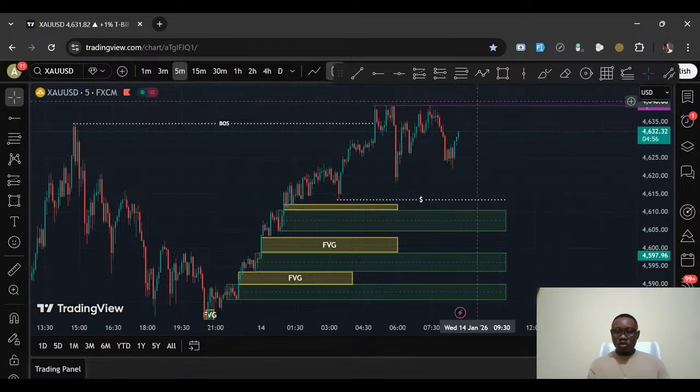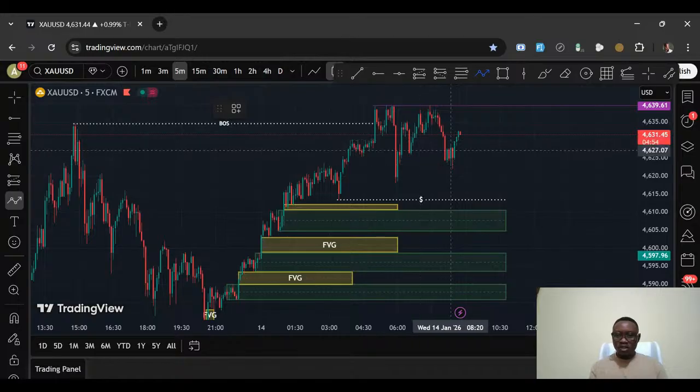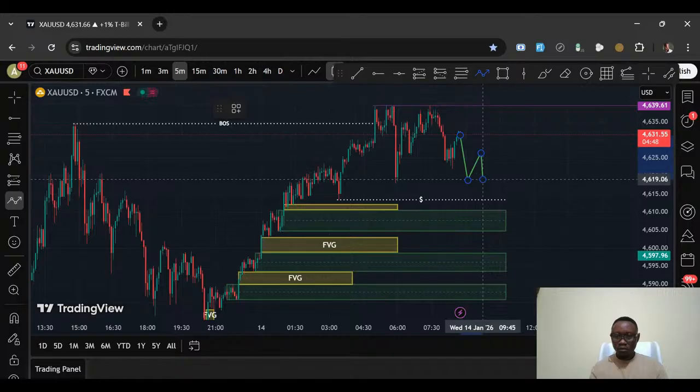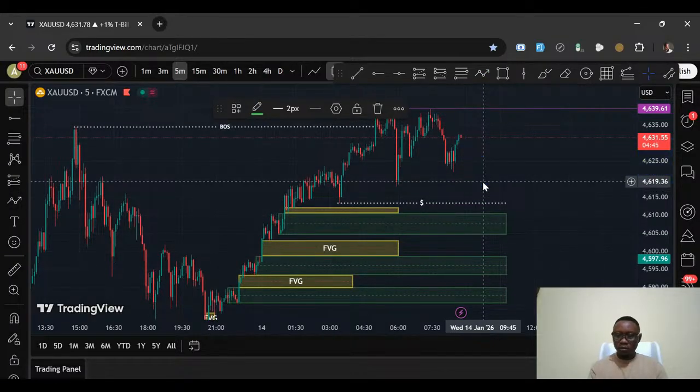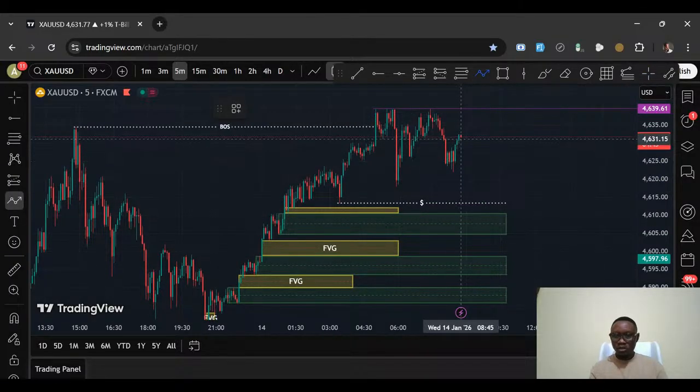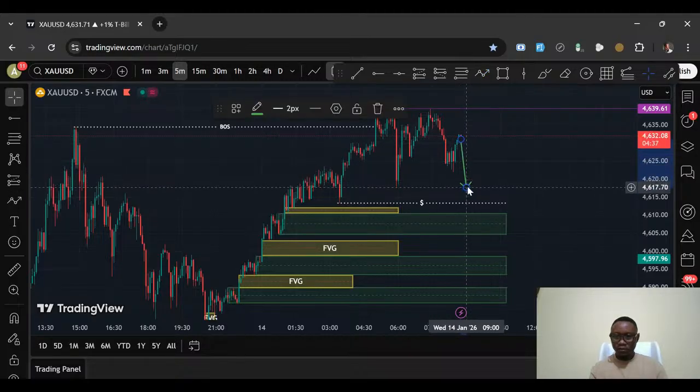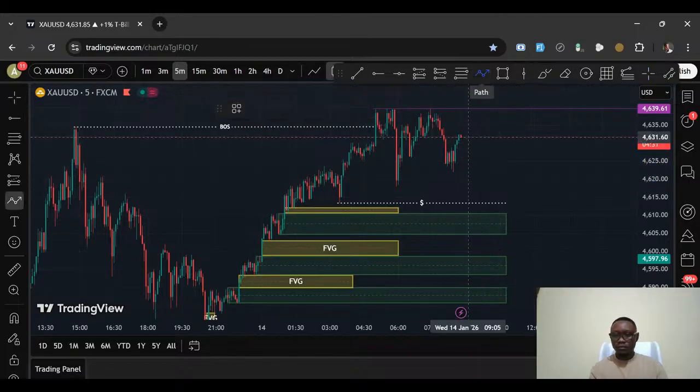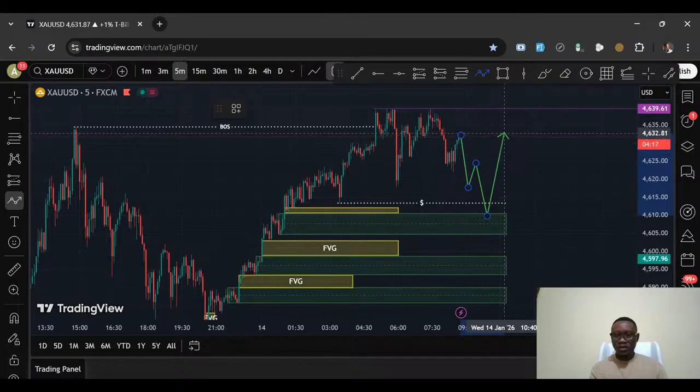So price might do something like this. Come down. Price might do something like this. Come back here. So strip available liquidity, tap into the zone, and target this swing level.